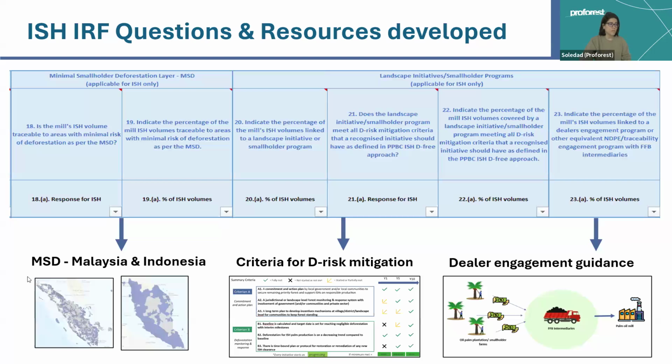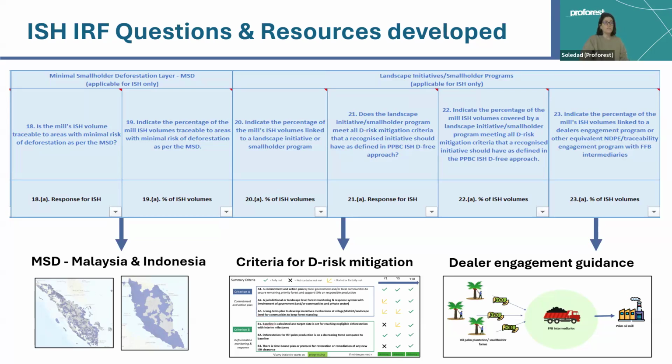And to support all of this, the PPVC has been working very hard into these three resources that we are going to present today. So these resources are the MSD layer, the criteria for de-risk mitigation for landscapes, and the dealer engagement guidance.